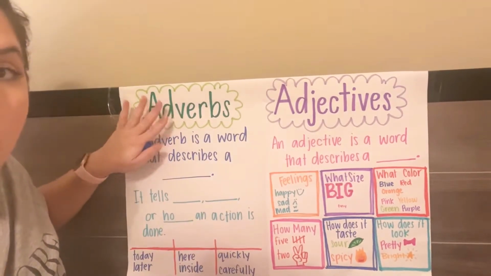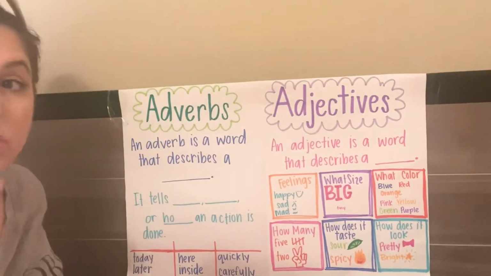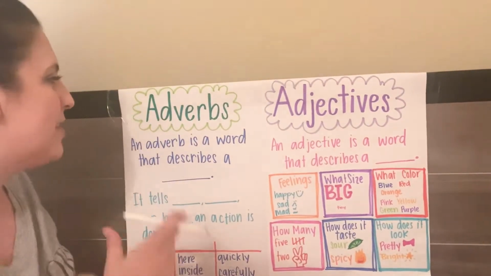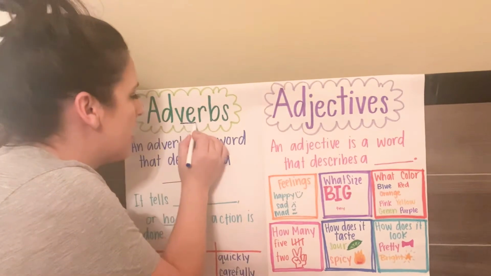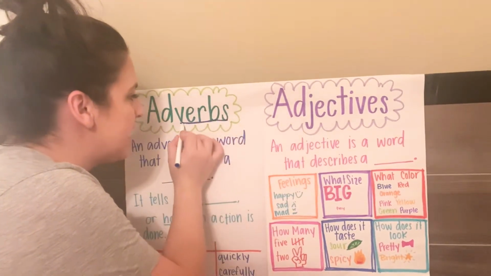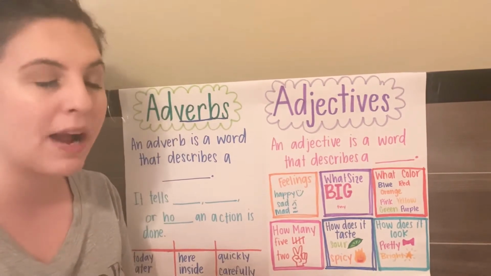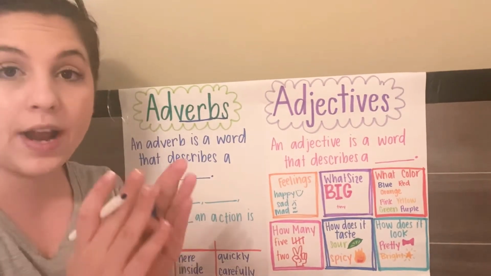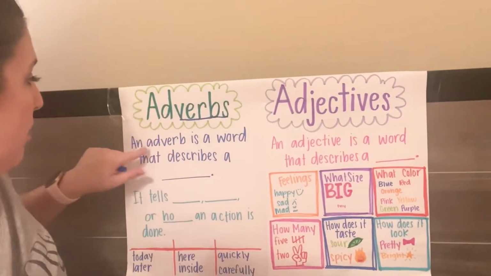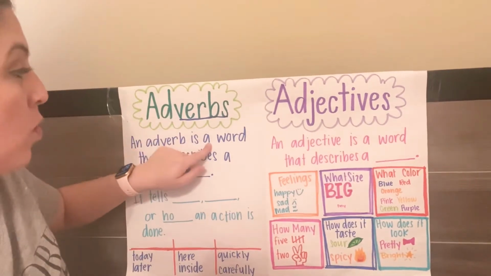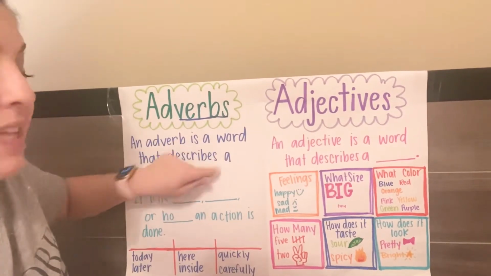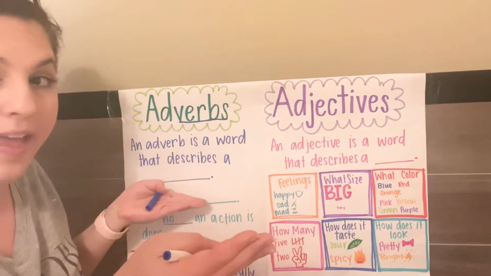First, let's go over adverbs, okay? So we just talked about adverbs, and there's that tricky little thing where verb is in the word. Verb is in the word adverb, right? So we need to try to remember that an adverb is a word that describes a what?